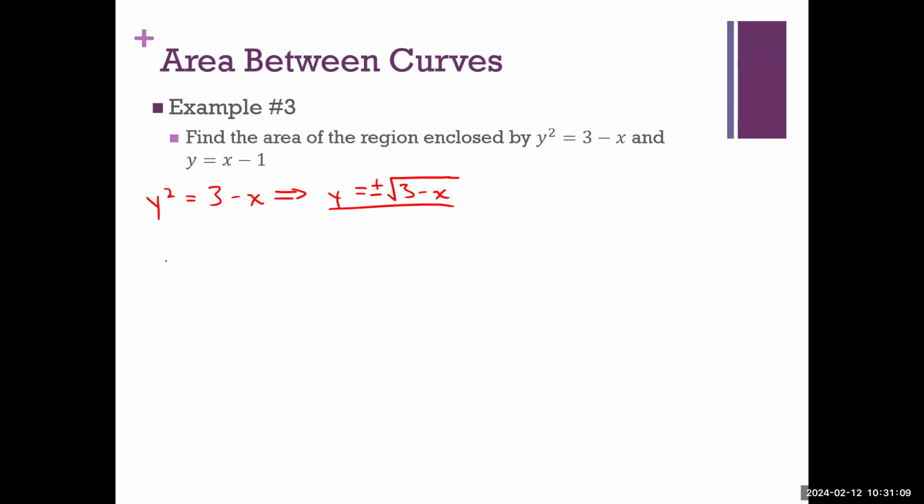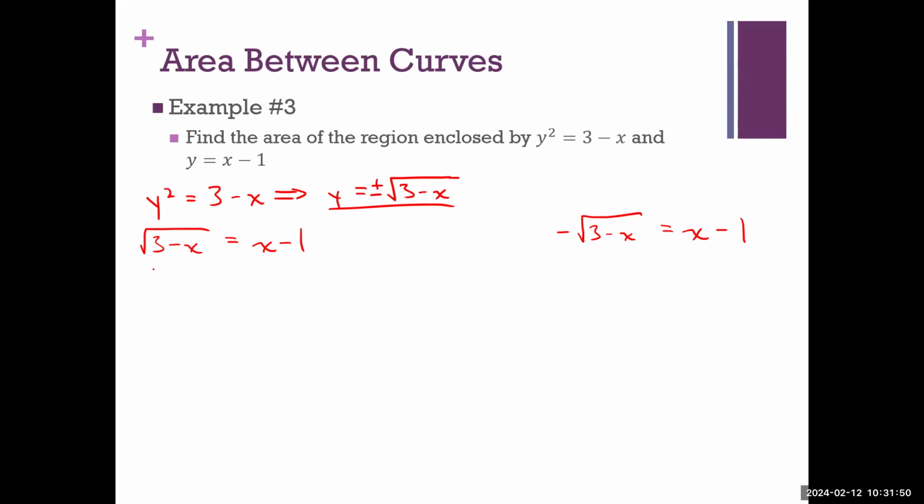Yeah, I think we're going to have to do it in pairs, though. So let's do this. The square root of 3 minus x equals x minus 1, and also negative the square root of 3 minus x equals x minus 1. Can we solve both of those? Where do we go from here?